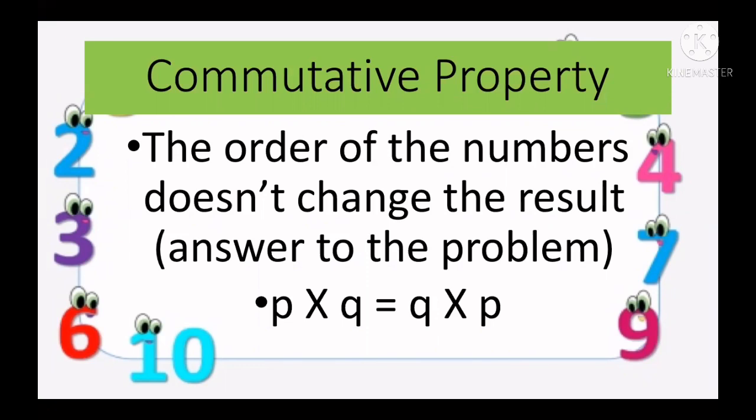Now, I will show you more examples of the commutative property. Again, it says that the places of numbers are not a problem, because it will lead us to the same result.